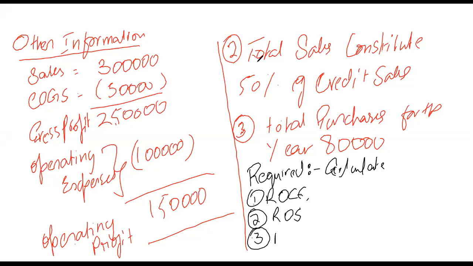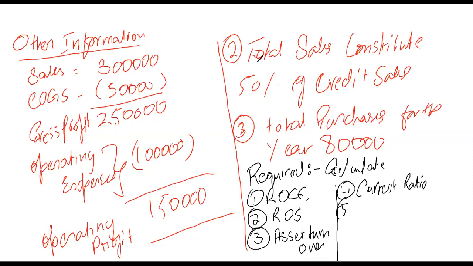Number three, asset turnover. Number four, the current ratio.